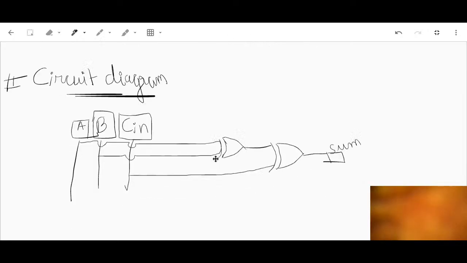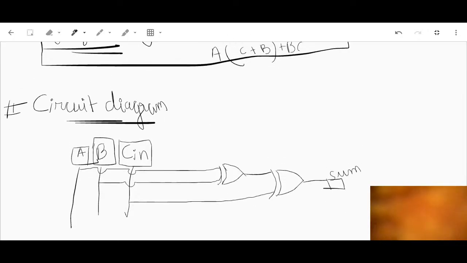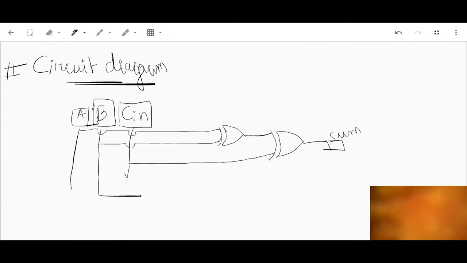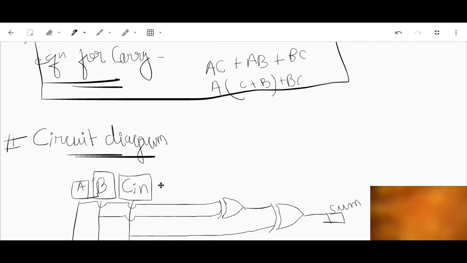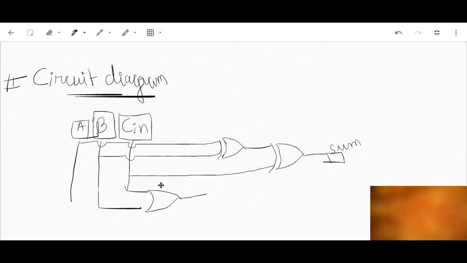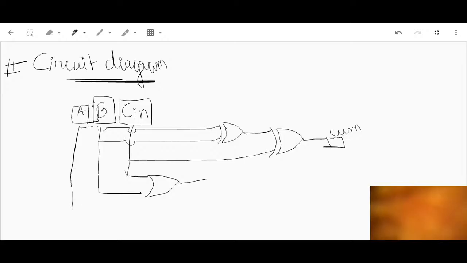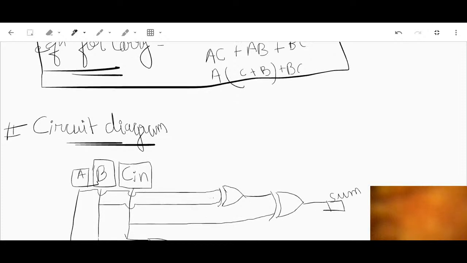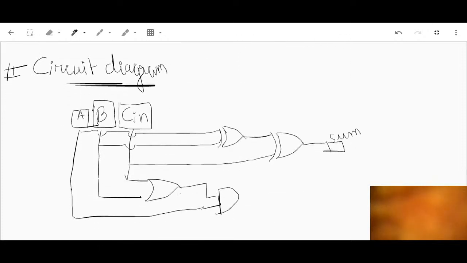So A, let's take C in B as an OR gate. Then we get C in plus B, and then A will be in an AND gate, connected with the AND gate like this, and then B and C.